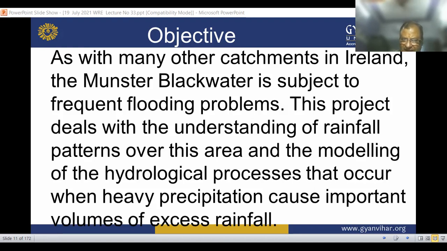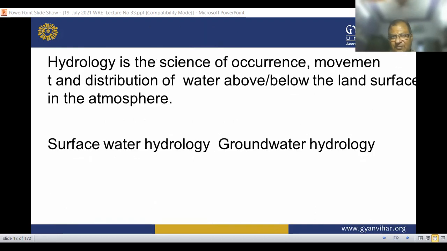Floods occur when there is precipitation that causes an important volume of excess rainfall. Hydrology is the science of the occurrence, movement, and distribution of water, both below the land surface and in the atmosphere: surface water hydrology and groundwater hydrology.